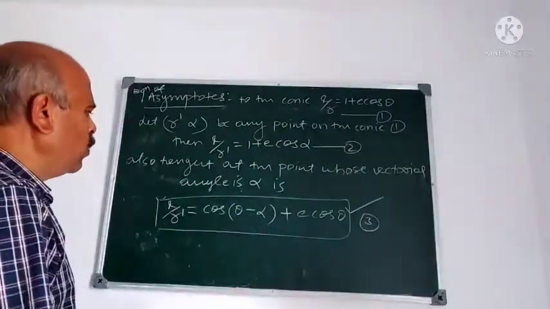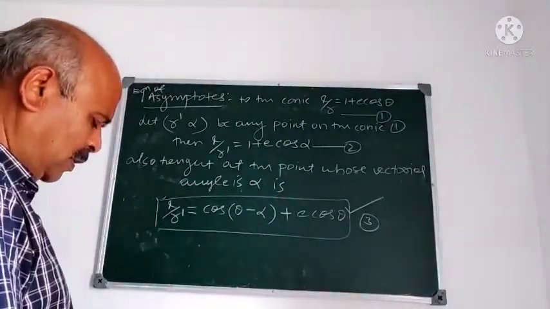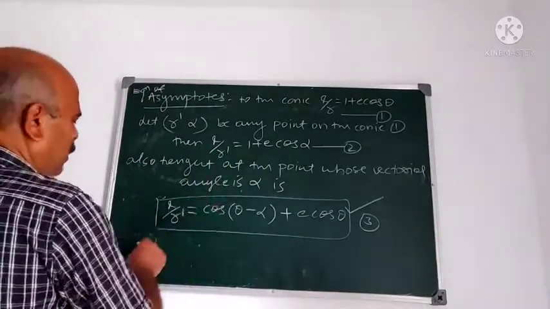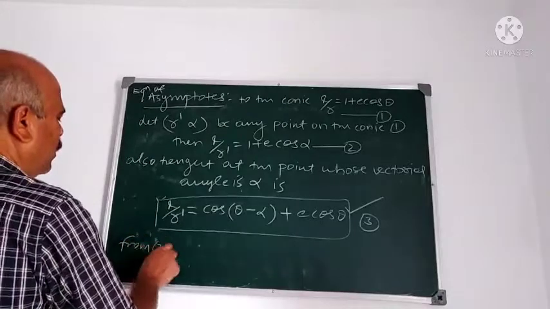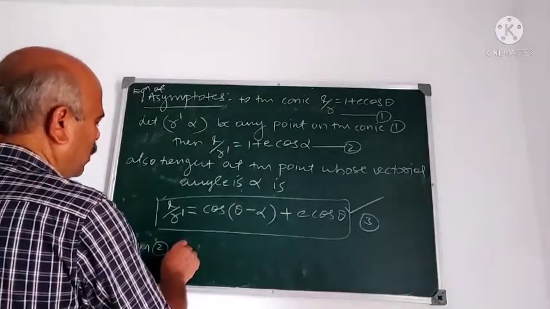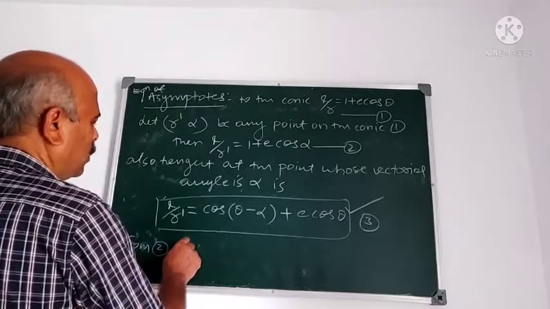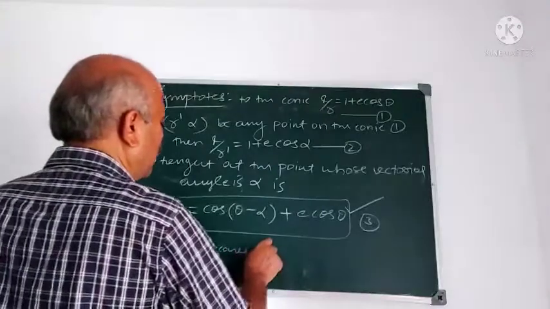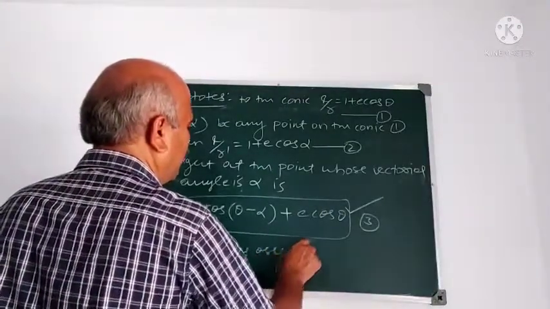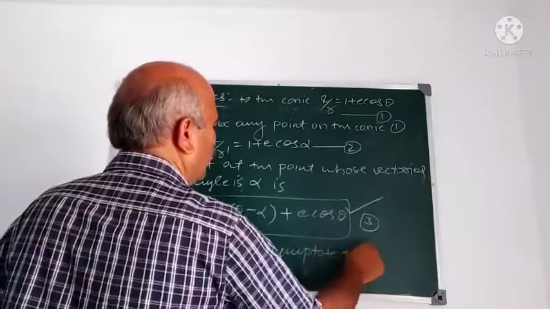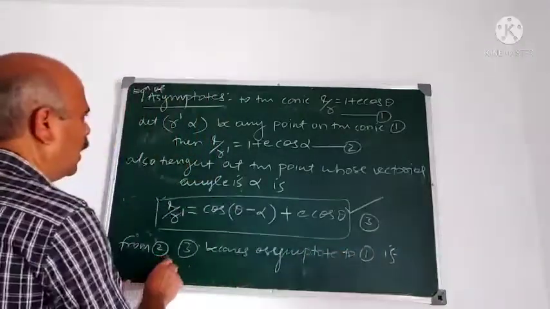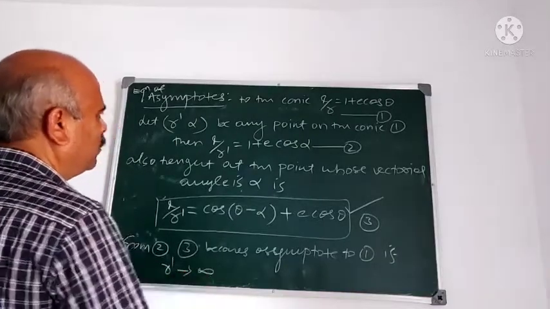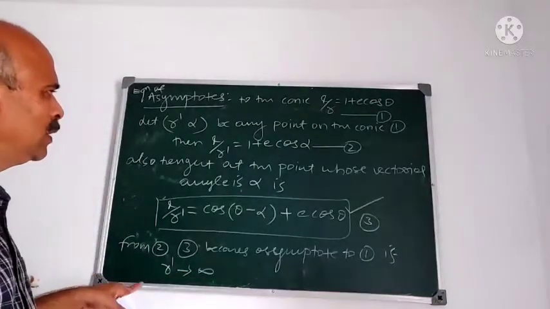Now we have to find out this alpha here. We have to eliminate alpha. For that, from 2 and 3, it becomes asymptote to 1 if r dash tends to infinity.